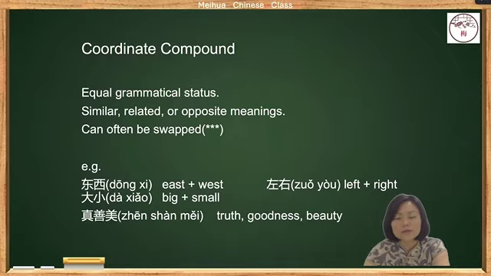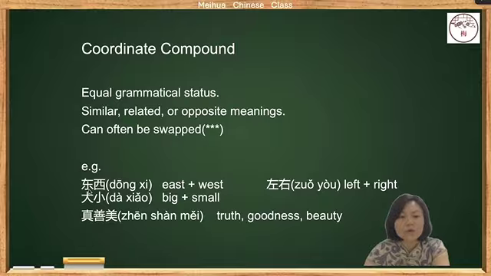No part is more important than the other or another part. So they are all similar, related, or even opposite in meanings. And a very apparent feature is these parts can be swapped without changing the meaning. So let's look at some examples.